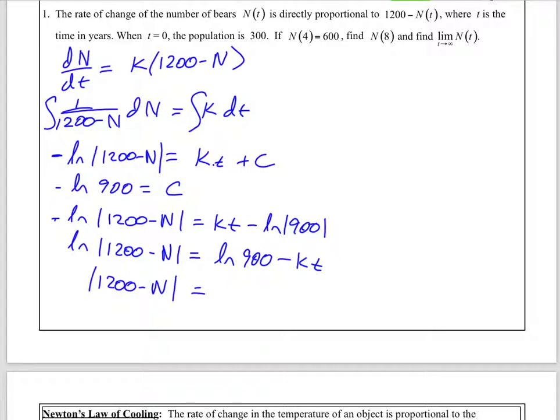And what does that turn into if I do e? 900 e to the negative kt. We can't do the e whenever it's negative. It needs to be by itself. All right. Now what? Get rid of the plus or minus, the absolute value.